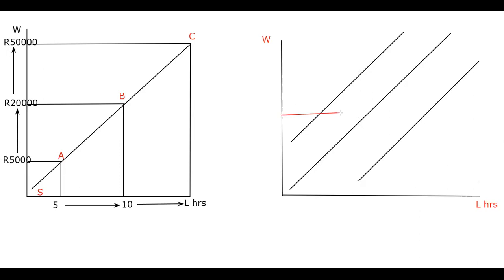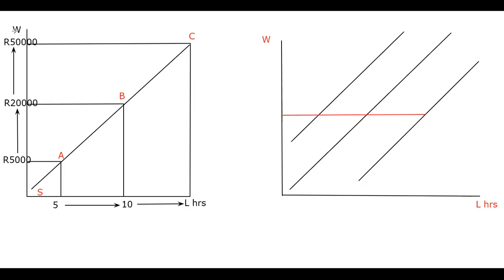So the shifts of the labor supply curve are caused by other factors, not wage, but other factors. So what does it mean? It simply means that the wage rate is the only factor that causes a movement along. Any other factors, they cause a shift.